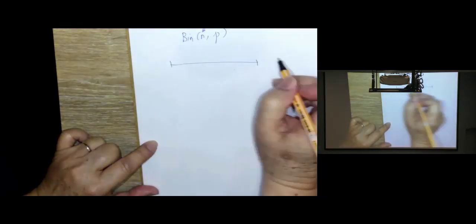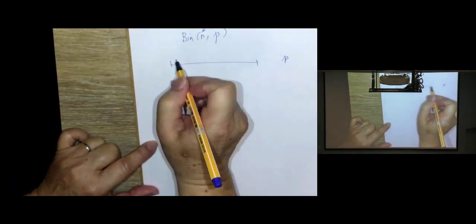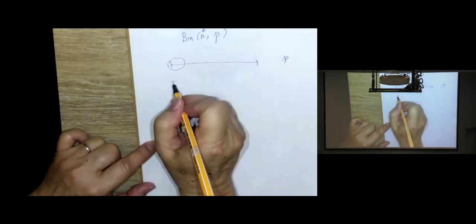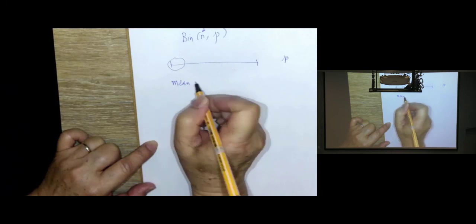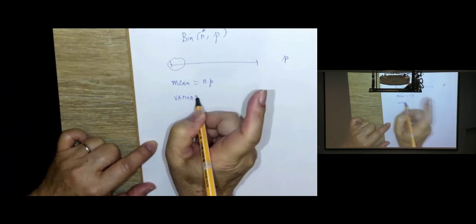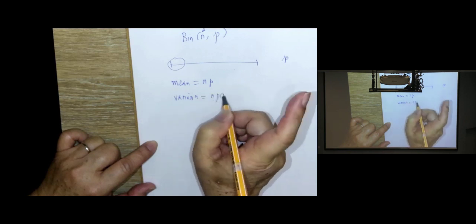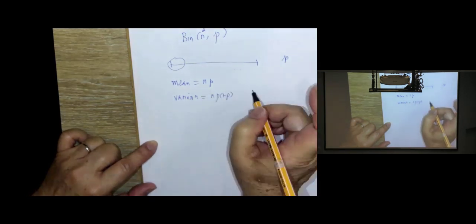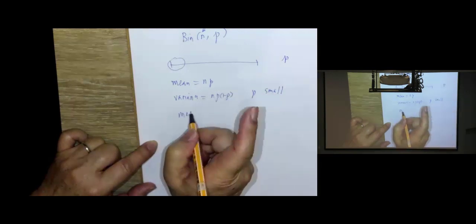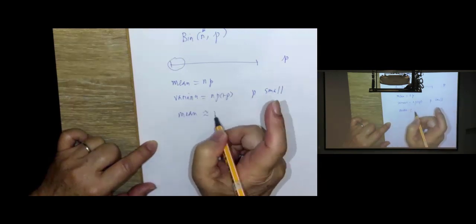Now when p is very close to 0, the mean of a binomial is equal to np, and the variance of a binomial is np(1 minus p). So when p is small, the mean is almost equal to the variance.